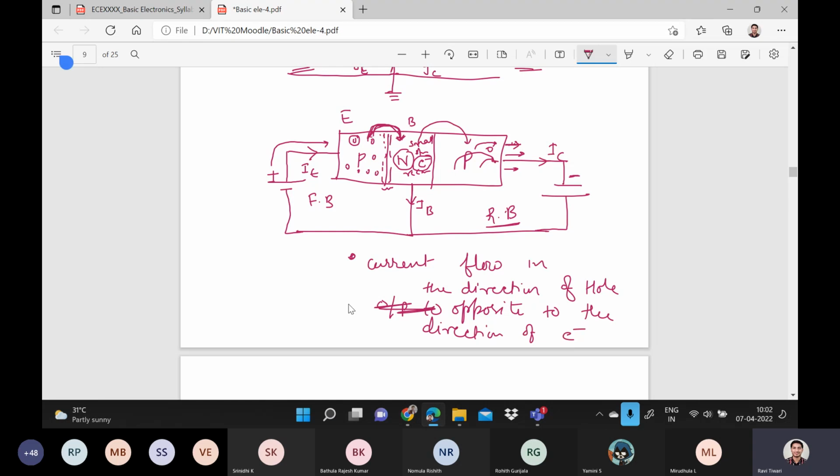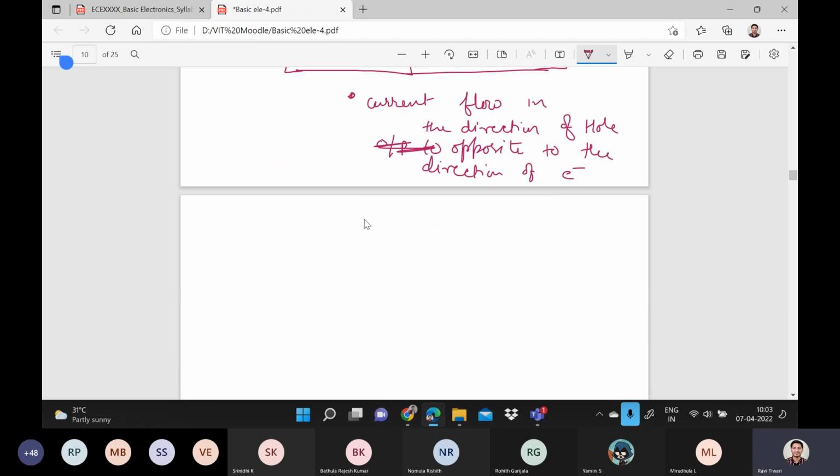So you can see as the holes are moving in this direction, the current direction I'm showing is the same direction as the holes are moving, and IE is equal to IB plus IC. So from here also it's very clear that IE is equal to IB plus IC.